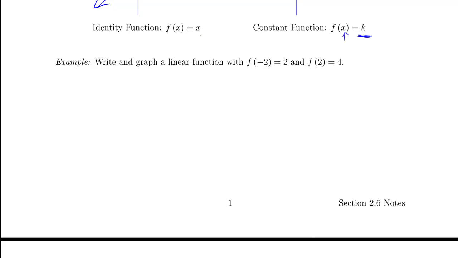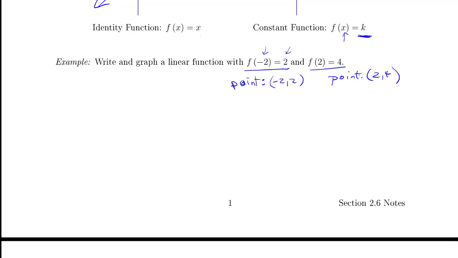When you say f of negative 2 is 2, you mean that when you plug in negative 2, you get the value 2. Or in other words, if you were talking in a graph, you'd be saying you have the point x of negative 2, y of 2. And similarly, for f of 2 equals 4, you'd be saying, oh, you have the point 2, 4.